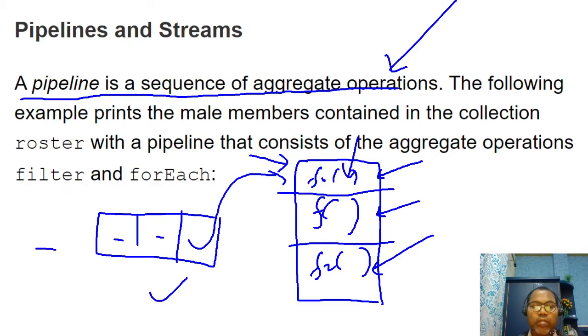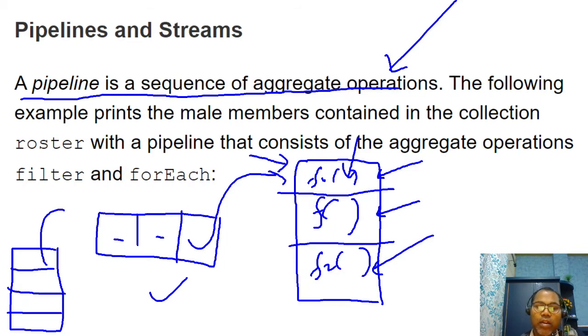So a stream needs some source of data, such as data storage, a data structure, a file system, or a collection like an ArrayList. The data retrieved from the source is passed to your functions, and the sequence of operations performed on that data is known as your pipeline.